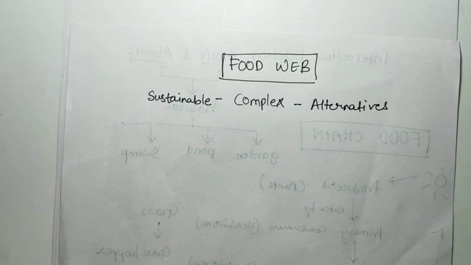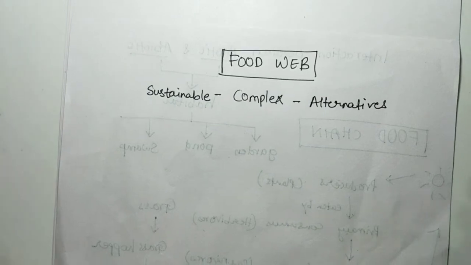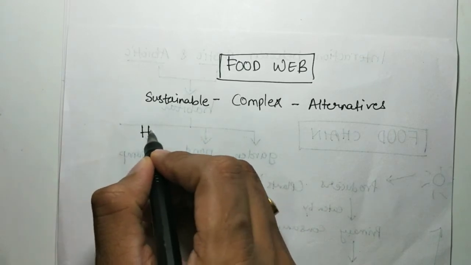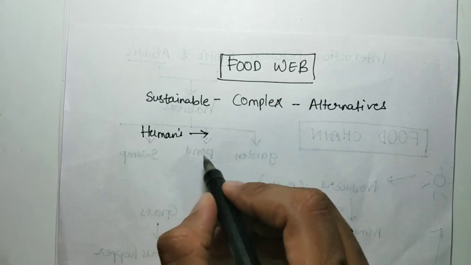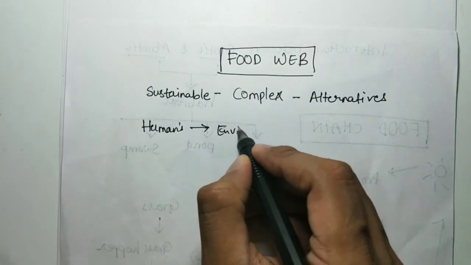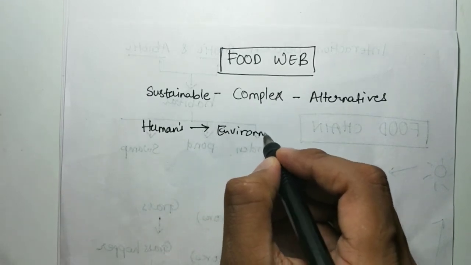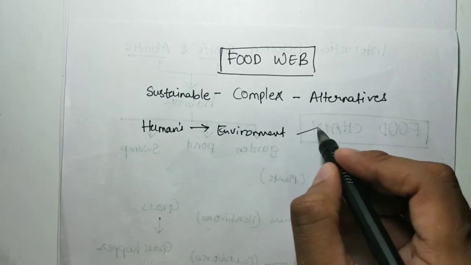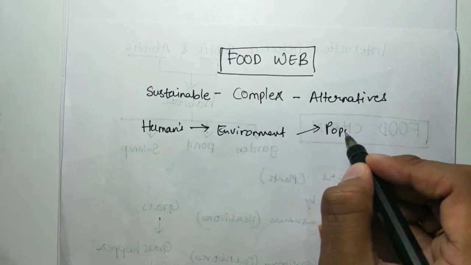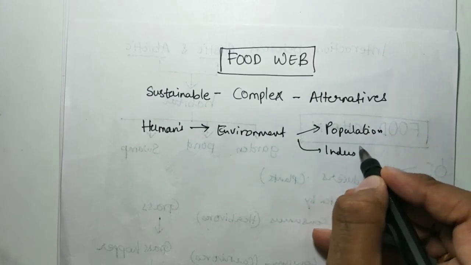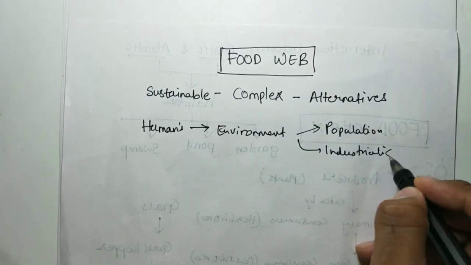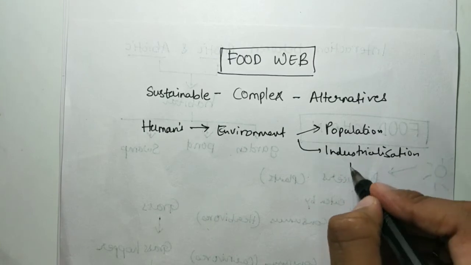Okay, now you have to understand that we as human beings are influencing the environment. How are we influencing the environment? Because of our population, because of industrialization, which causes pollution.